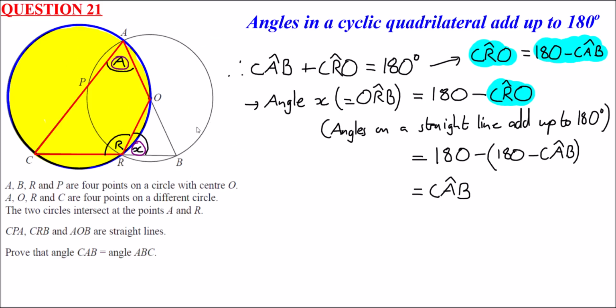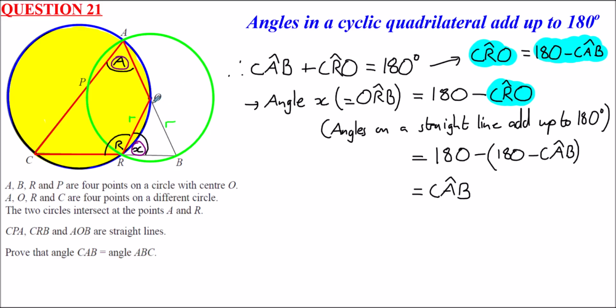Now we need to just shift our attention to the smaller circle. So if I draw attention now to the smaller circle, which I'm going to go over in green, like so, then what can we spot about the two lines here? Well, the centre's O, so O to R, because R's on the circumference, that's a radius of this smaller circle. But also from O to B, this from the centre to the circumference as well, so that's also a radius.